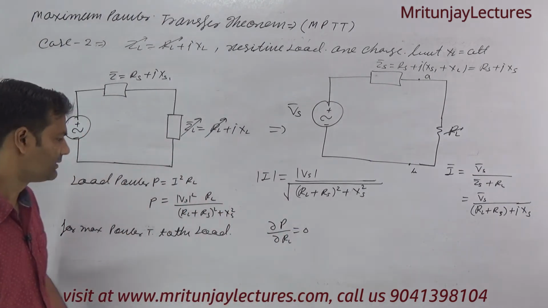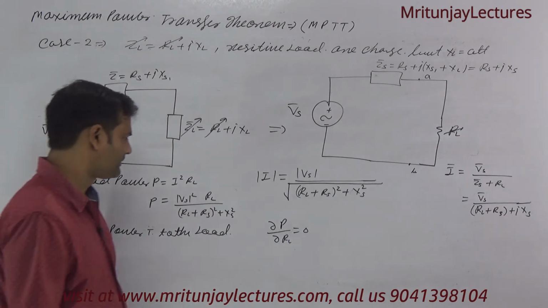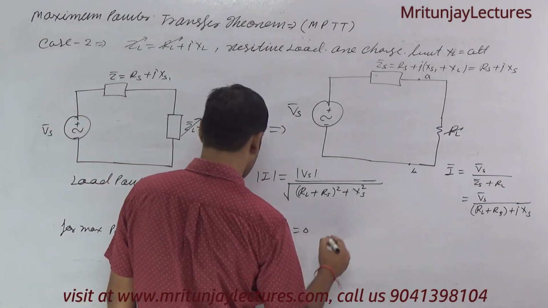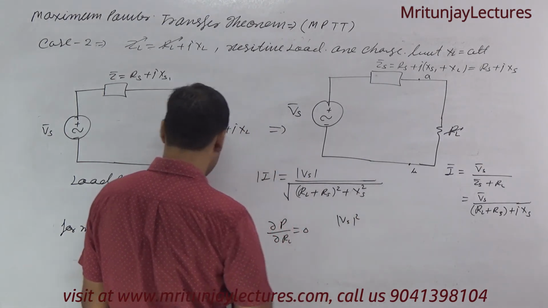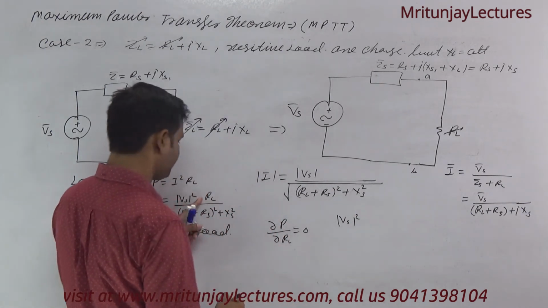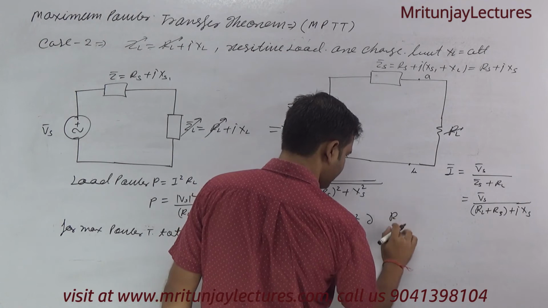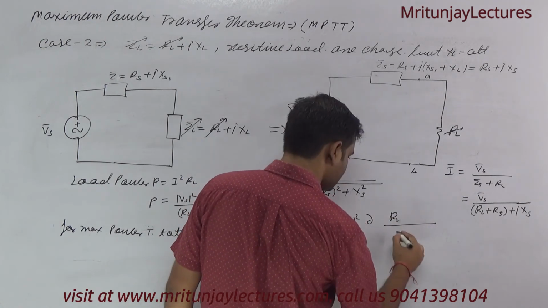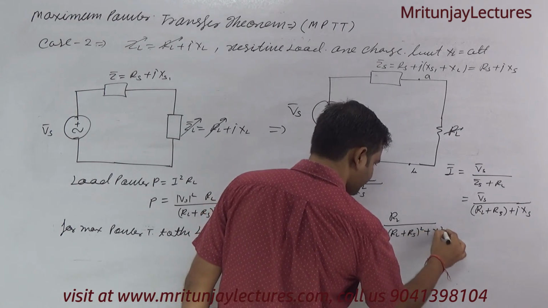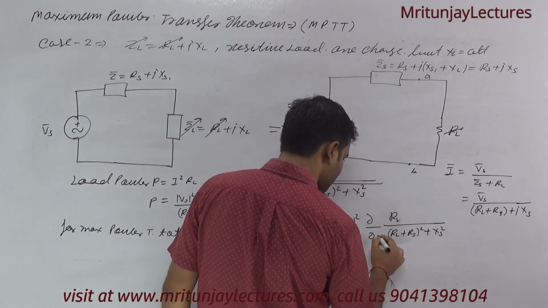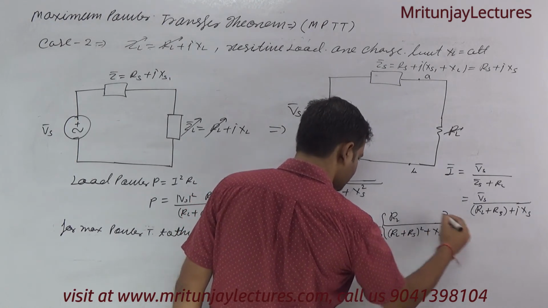Only dP by dRL, because only RL is variable. Now mod Vs to the whole square is constant, so differentiation of this one, if any doubt, is written as RL divided by RL plus RS to the whole square, d by dRL. Clear? This will be equal to 0.